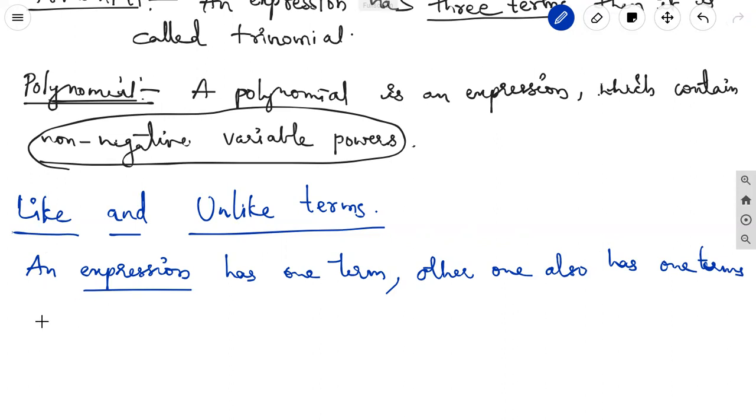For example, x square, y square, xy, 3x, 4y are like terms.